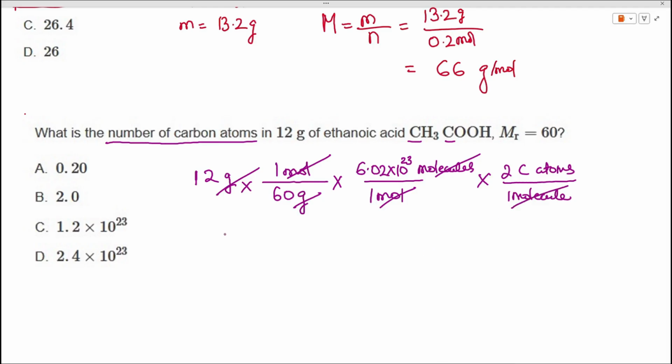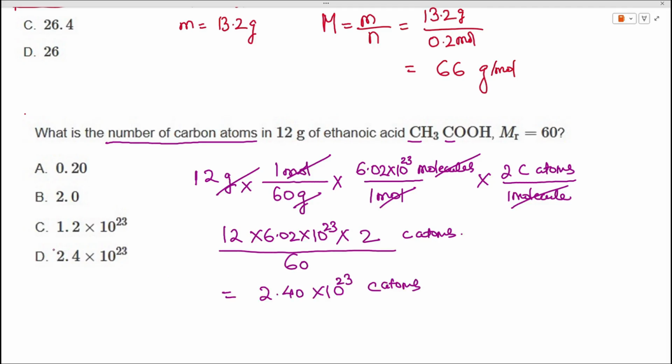So we are left with 12 times 6.02 times 10 to the power of 23 multiplied by 2, all these numbers in multiplication, and divided by 60 carbon atoms. So for this we get 2.40 multiplied by 10 to the power of 23 carbon atoms. So our right option is option D.